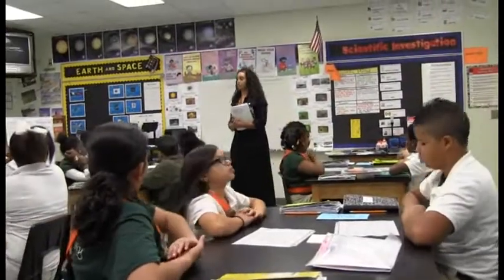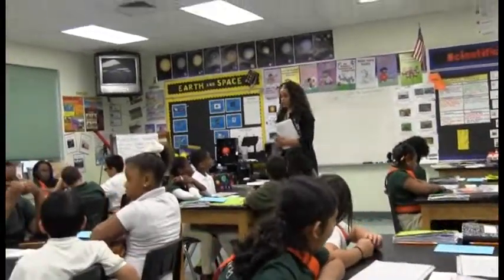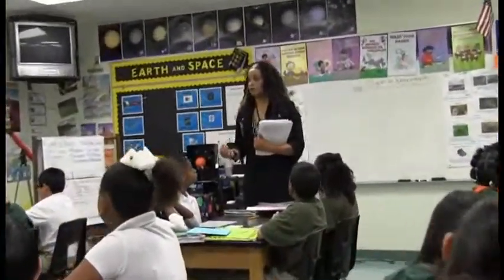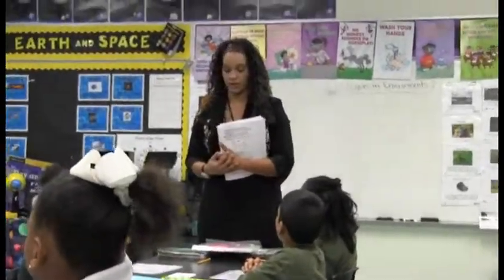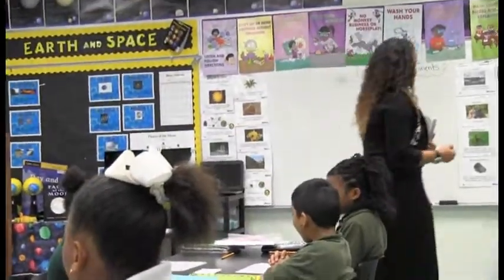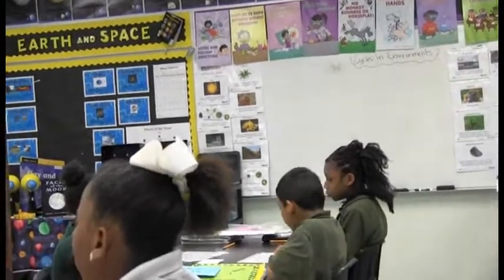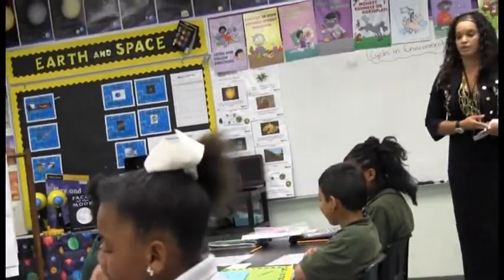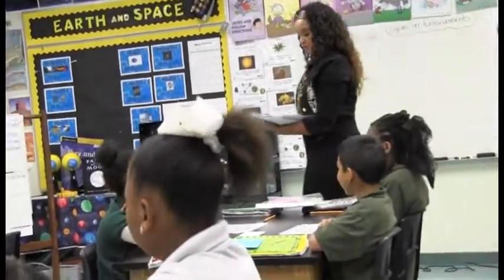So remember, we're talking about food webs today. And we're going to be comparing both the food web and the food chain. So go ahead and turn it over to the activity directions, please. And we're going to read over those.